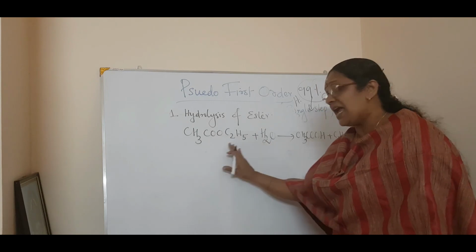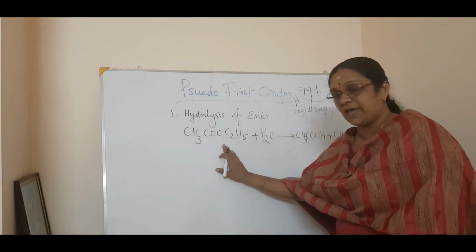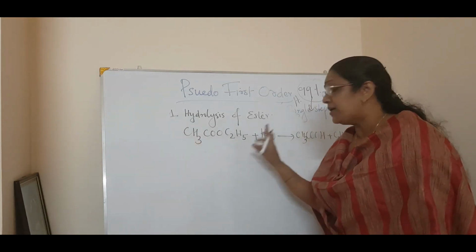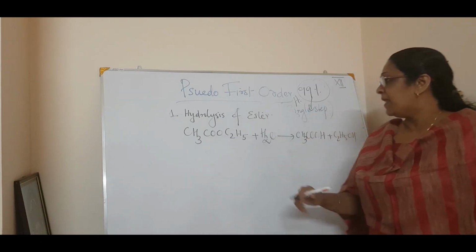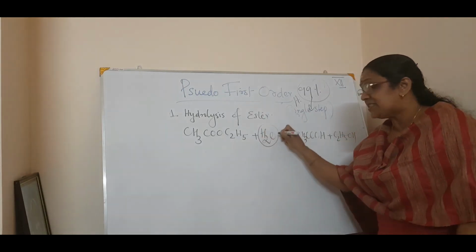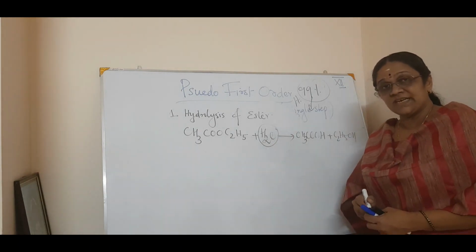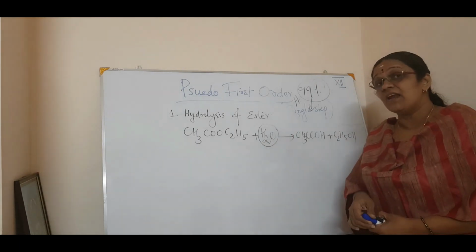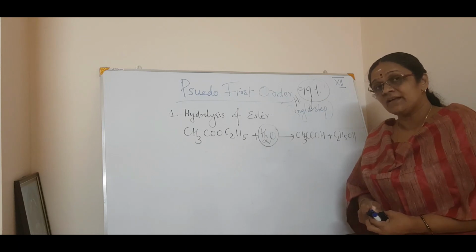Now coming back to the point. There are 2 reactants here. The molecularity is 1 and 1, 2. But here we assume that water is a solvent, and the solvent is present in large excess, correct?